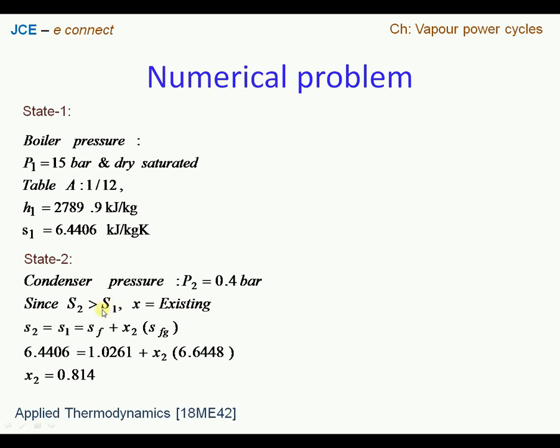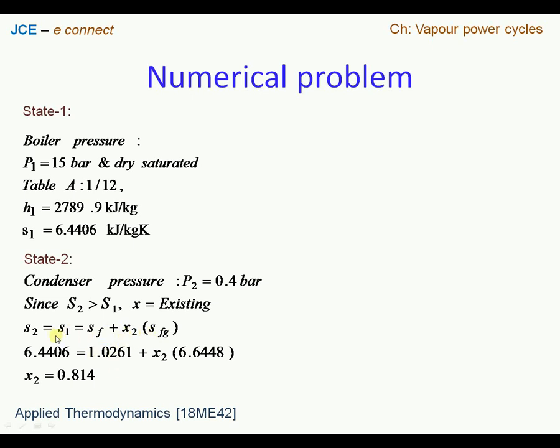Therefore one has to find the dryness fraction, and we know that inside the saturation dome, the dryness fraction is related by the equation S equals SF plus X into SFG. Since we are talking about state point 2, we denote it as S2 equals SF plus X2 into SFG. Please note that since the turbine work is isentropic, we can write S2 equal to S1, which is this much.